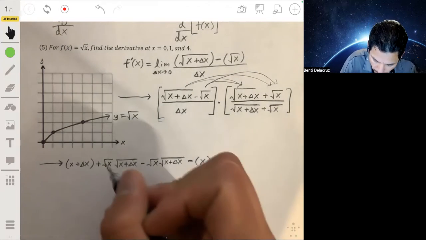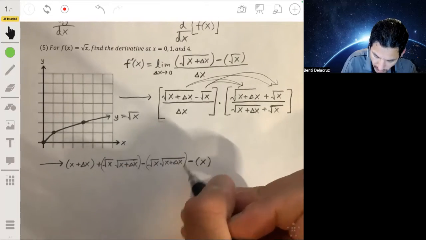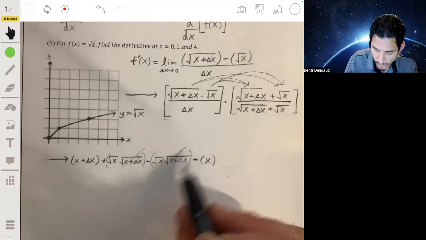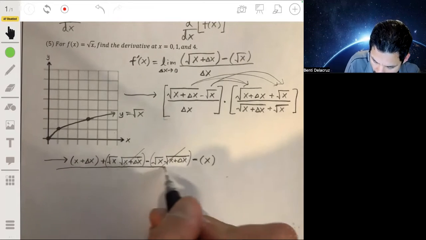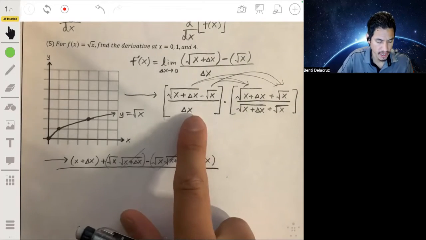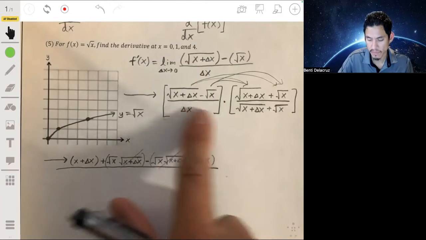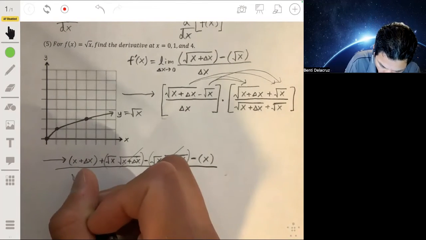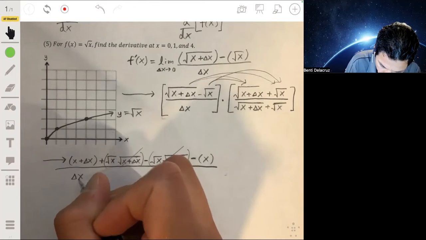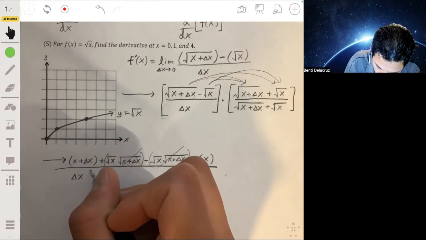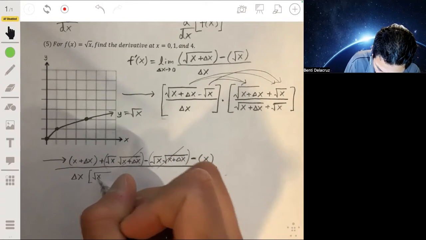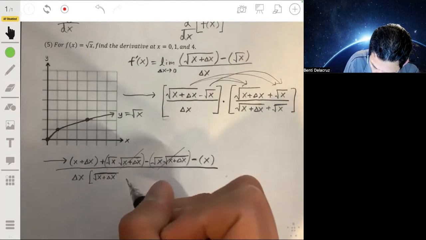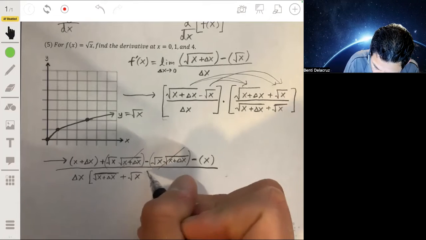Now see here, this and this are just opposites. Even though they may look complicated at first glance, they cancel each other out. For the denominator, just multiply it across, but don't distribute. So delta x times the square root of x plus delta x, plus the square root of x.